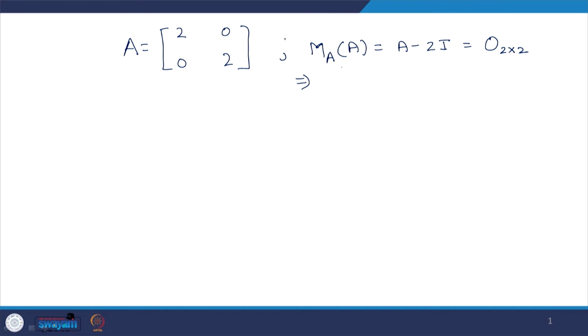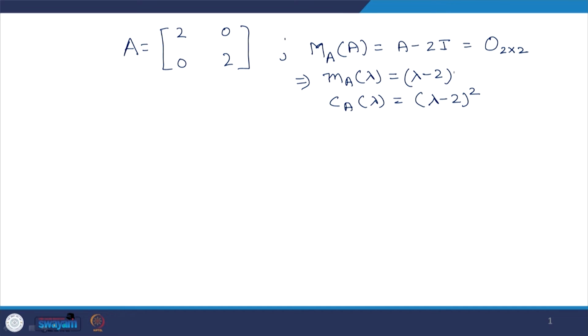It means the minimal polynomial of A is lambda minus 2, while the characteristic polynomial of A is (lambda minus 2) whole squared.